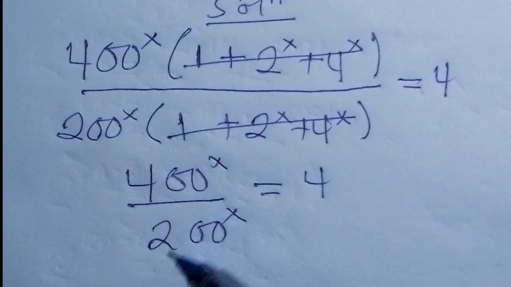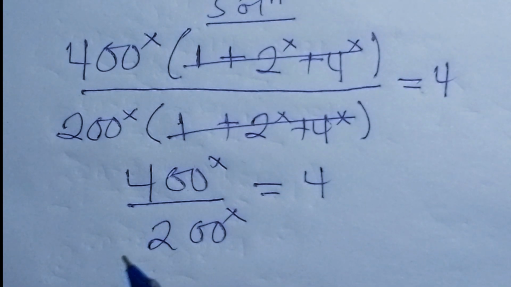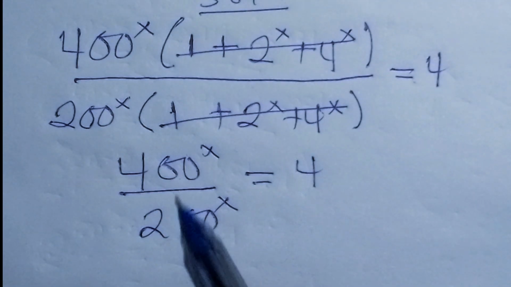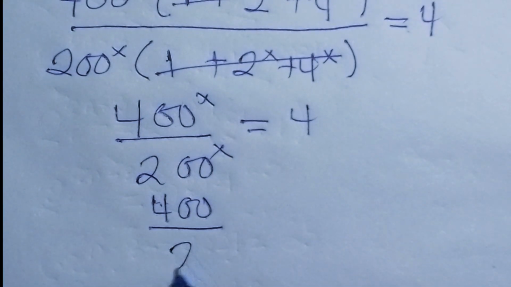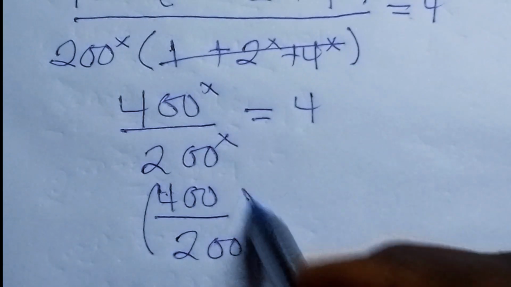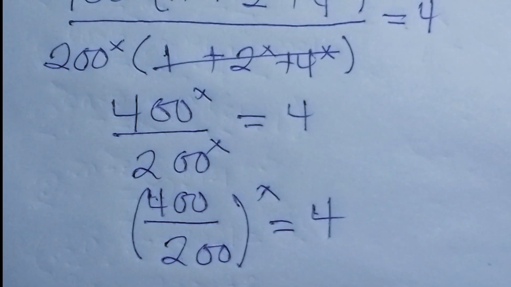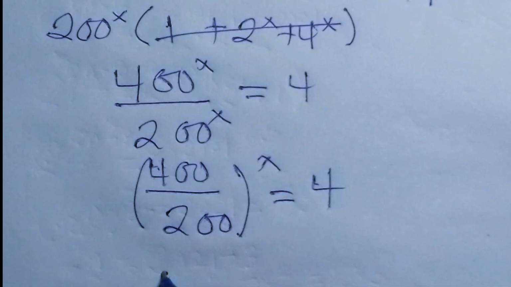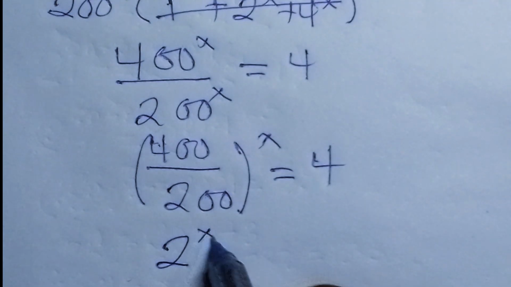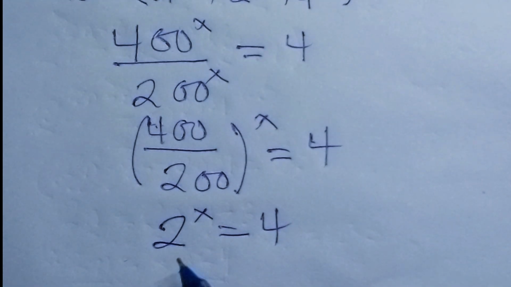Then from indices we can write this 400^x over 200^x as 400 over 200, all to the exponent x, is equal to 4. 400 over 200 is 2, so we have 2^x is equal to 4.